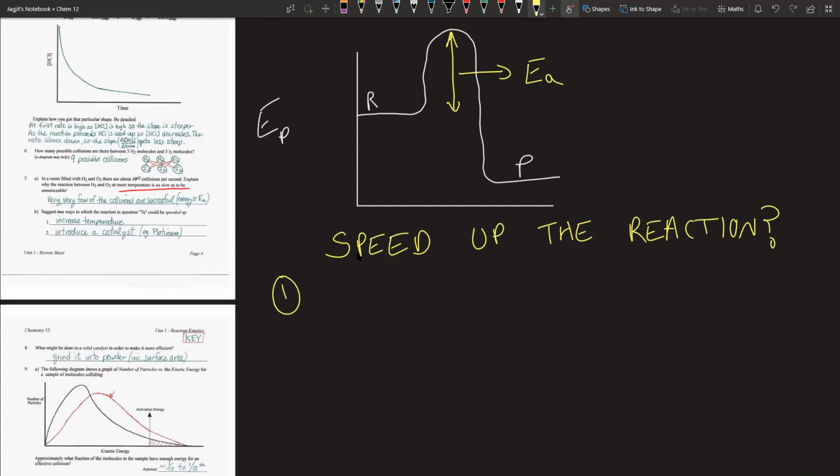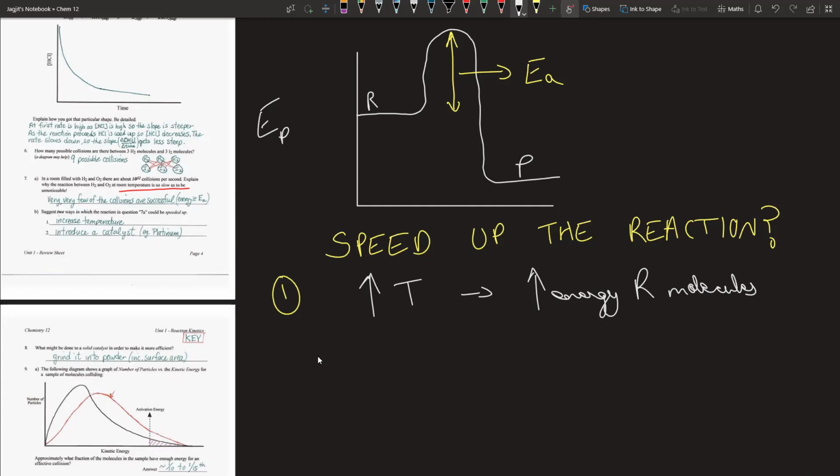I want you to remember this. The best way of speeding up any reaction is to increase the temperature. When you increase the temperature, it will increase the energy of the reactant molecules.